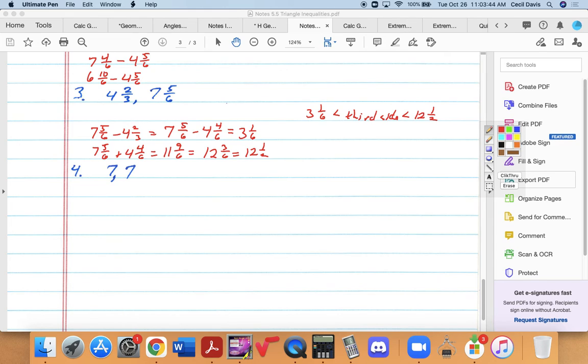All right, what if the two sides are 7 and 7? Between 0 and 14. Yeah. The third side's got to be between 0 and 14.